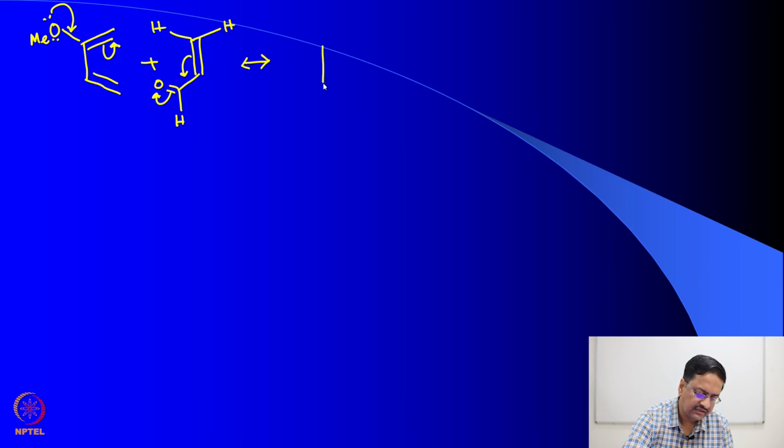The charge separated resonating structure of this molecule would look like this.